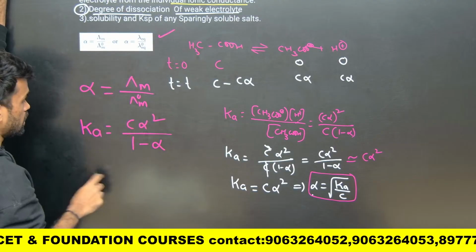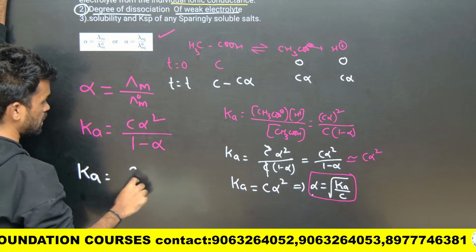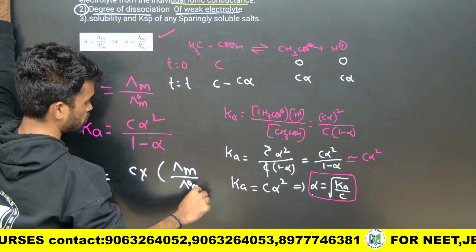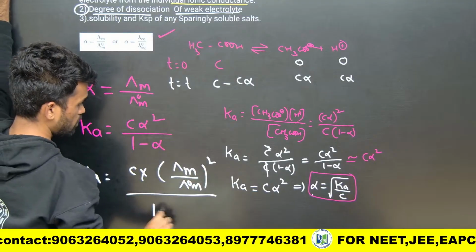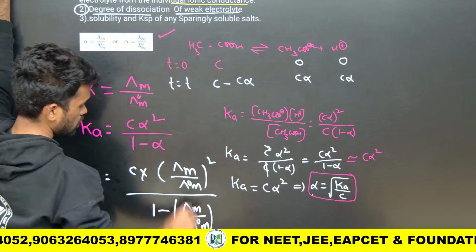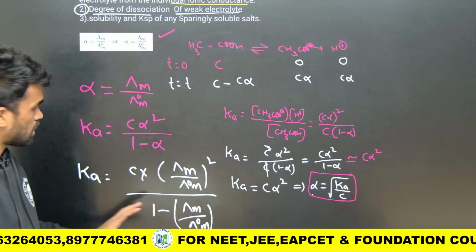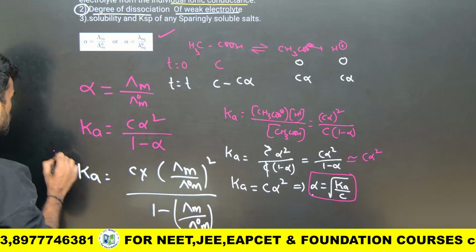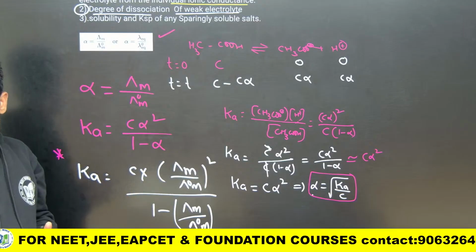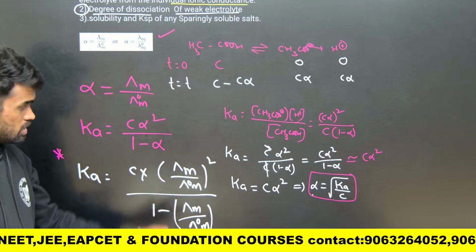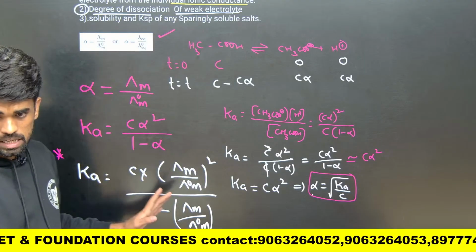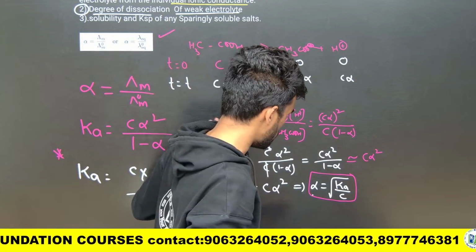If you substitute here, you will get a relation like this: C into (lambda m by lambda naught m) square, by 1 minus lambda m by lambda naught m. You can simplify and get a relation. From this they may also ask you to draw a plot, or ask for the slope. They can generate a question like this. Hope it is clear. Any other doubts you have in this?